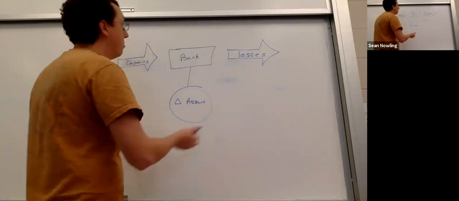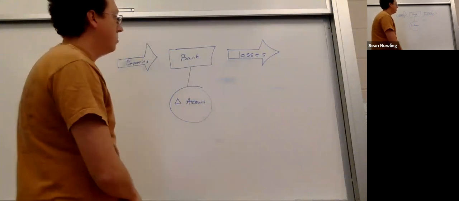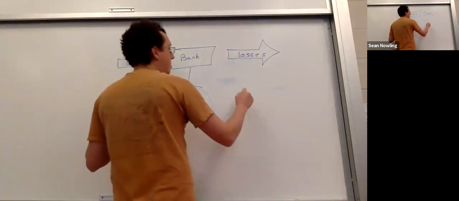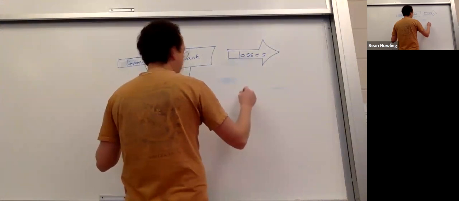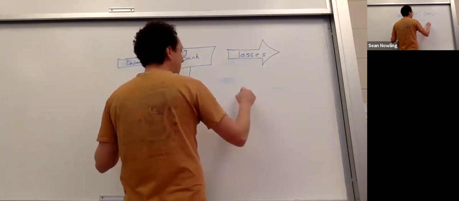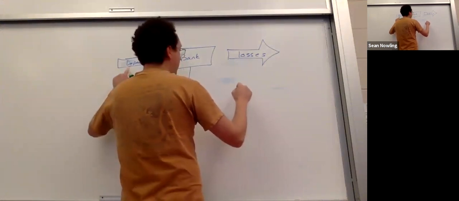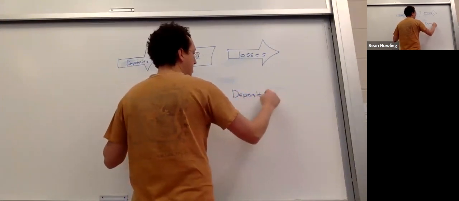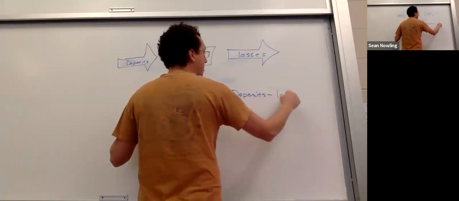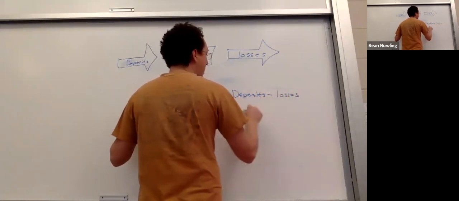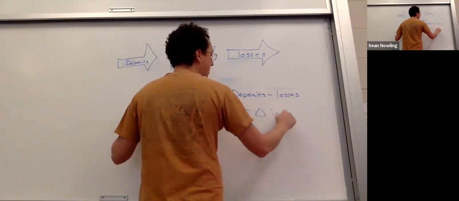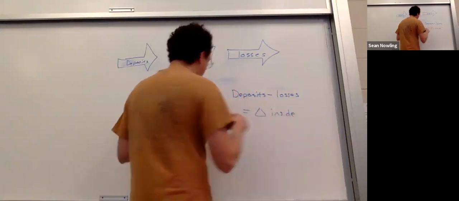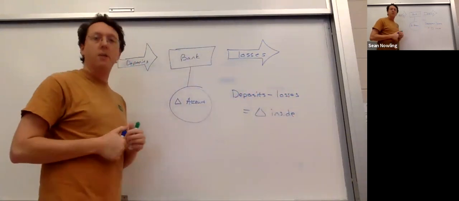And the general relationship is going to be the following: the inputs or the deposits minus the losses equals the change inside. Okay, and that's really the way to think about conservation laws.